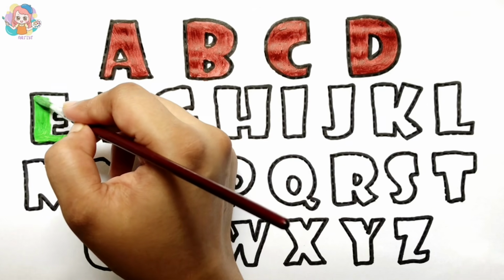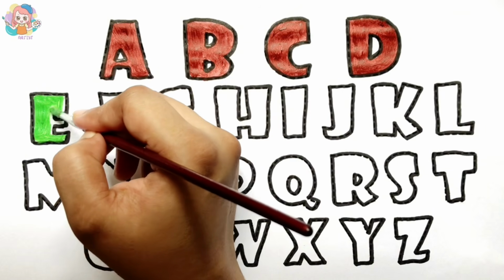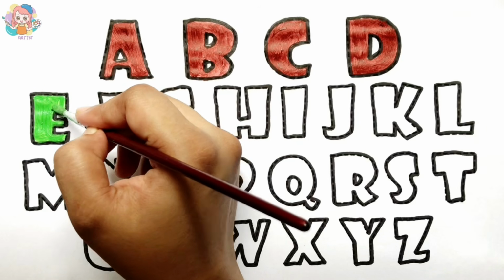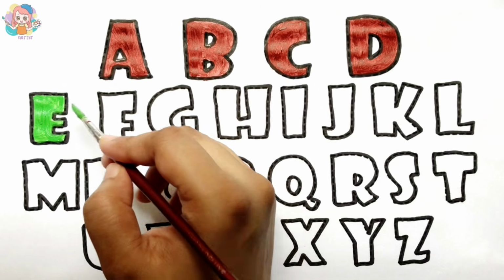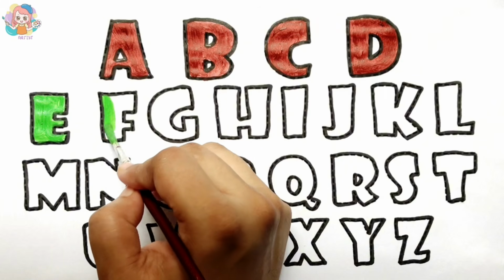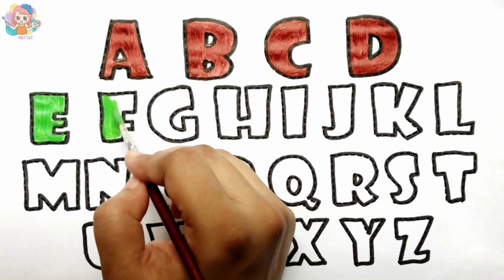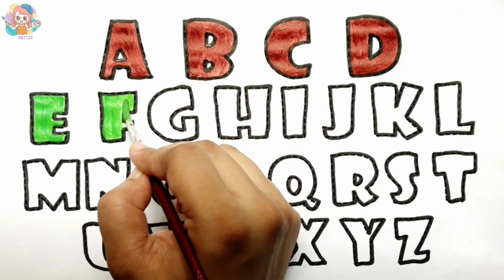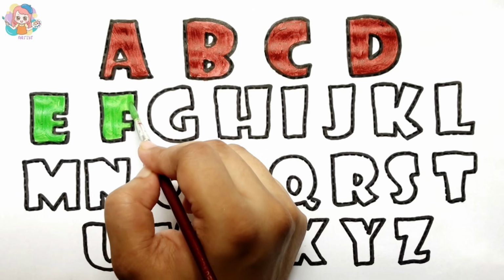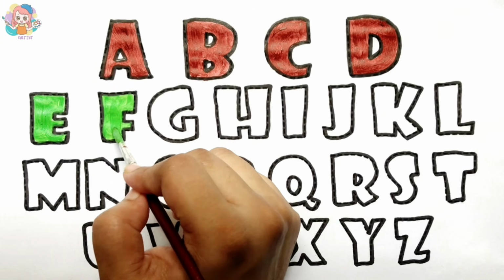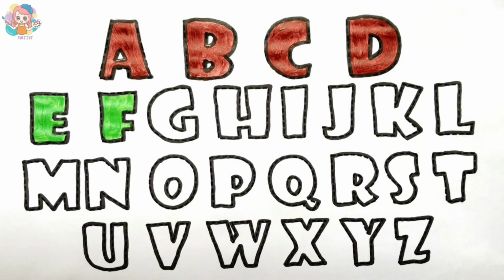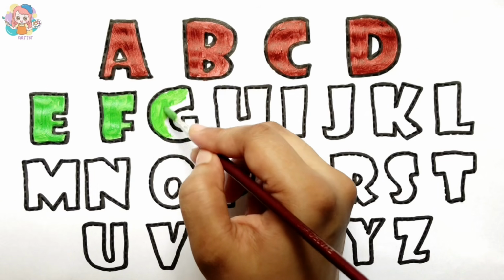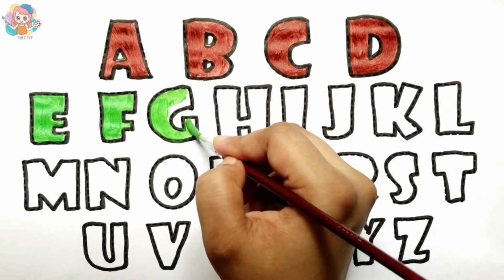Light green color. E. E for elbow. F. F for fish. G. G for grapes.